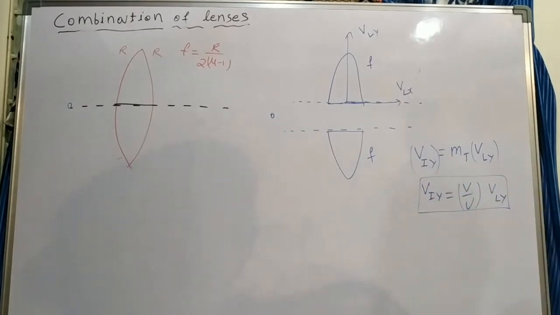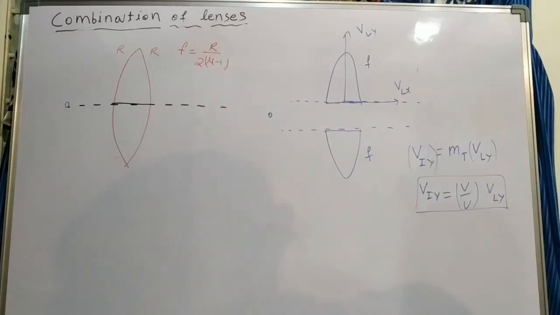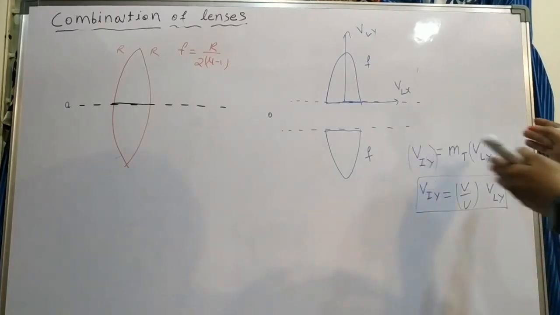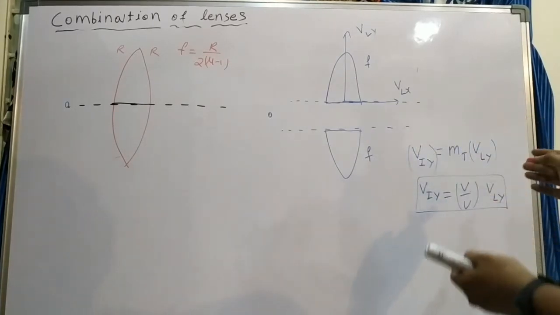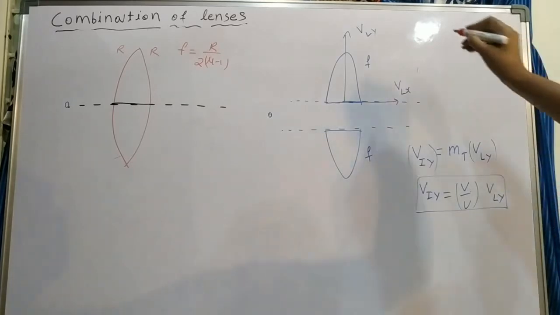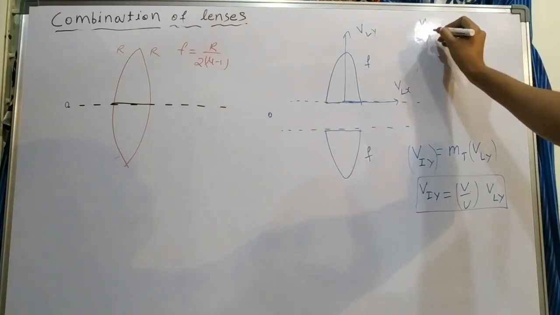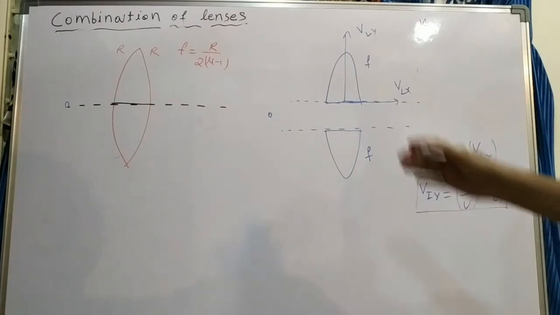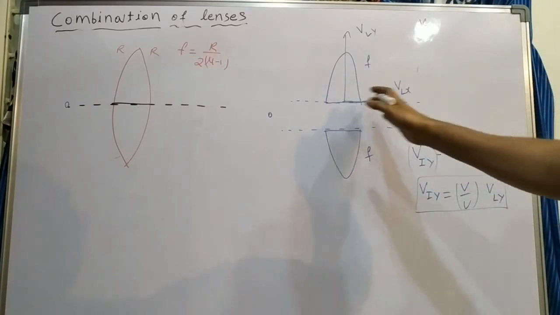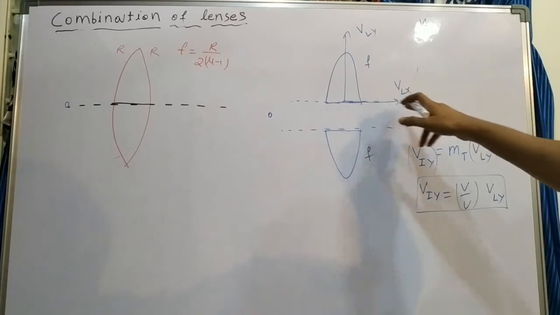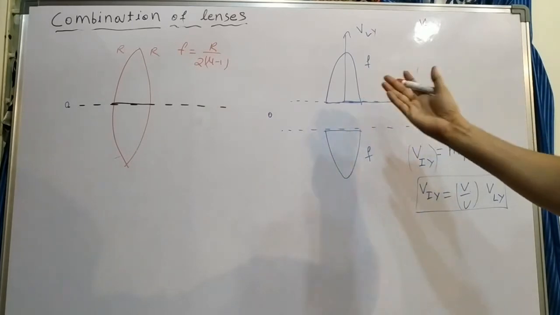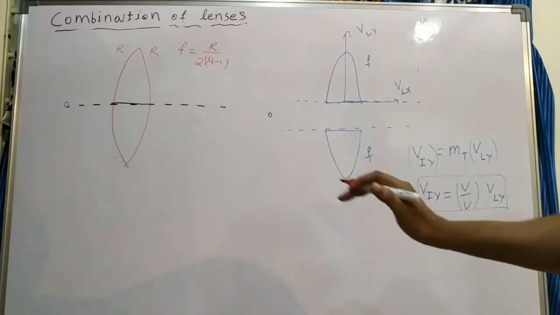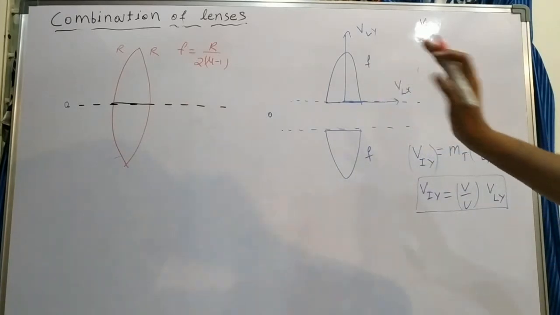Here v is the image distance and u is the object distance. Now what is the horizontal velocity, that is, the velocity of the image in the x direction, parallel to the principal axis? Suppose the lens is moving like this. The velocity of the lens along the x-axis is the same as the relative velocity of the object with respect to the lens. Why? Because the object is at rest.